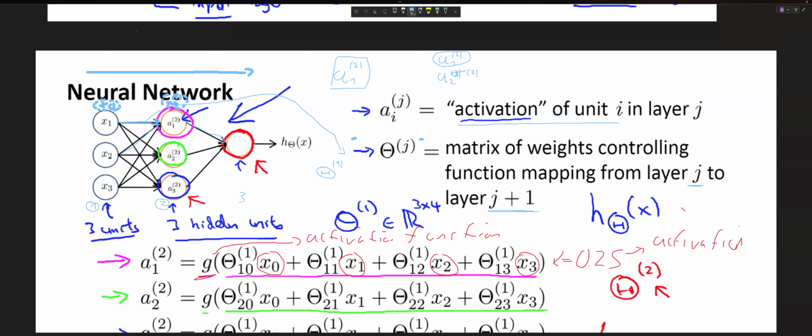Now we have 2 more numbers, because we need to say from which unit in layer 1 to which unit in layer 2. We have many units in layer 1 and many units in layer 2, and the only thing I need to denote is the number of each unit. Now this is where it gets a little confusing: it's always not from where, but to where.